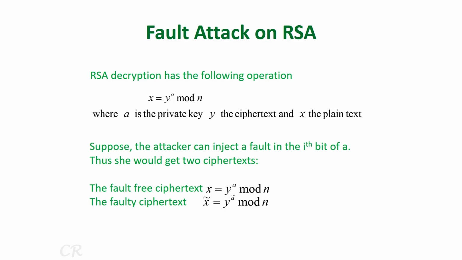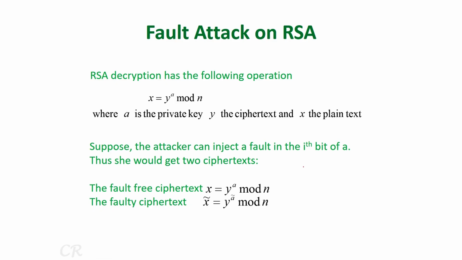So, that means if the bit of A is 0, then he would inject a bit fault and change that particular bit to 1. On the other hand, if the value of A in that ith bit was 1, the attacker's fault would force the value of A to go to 0.